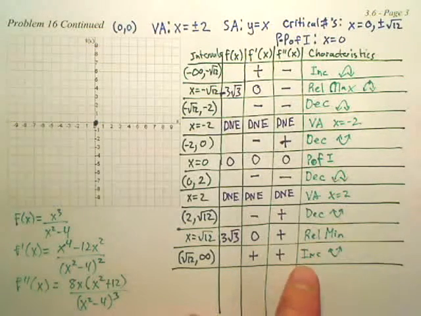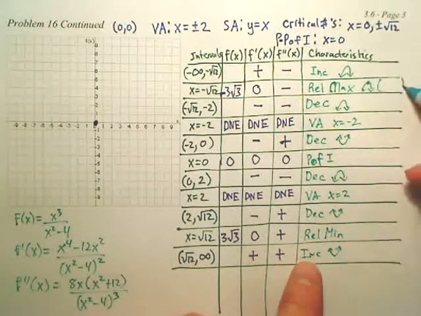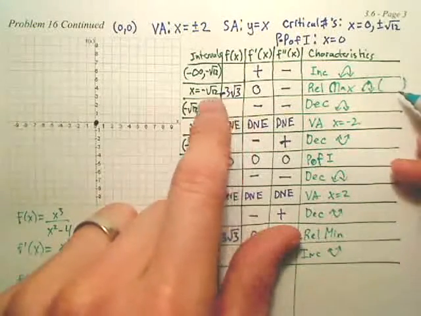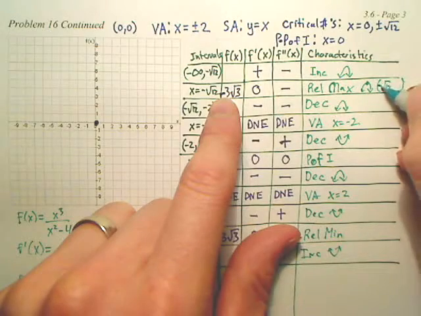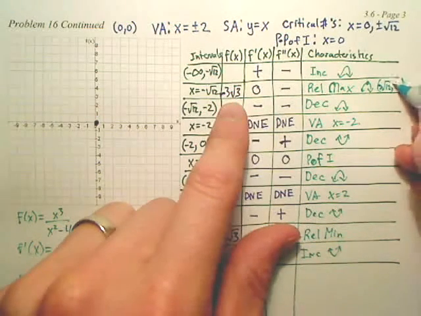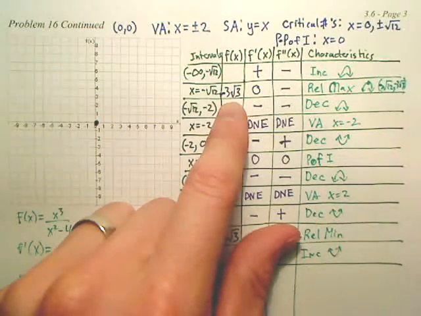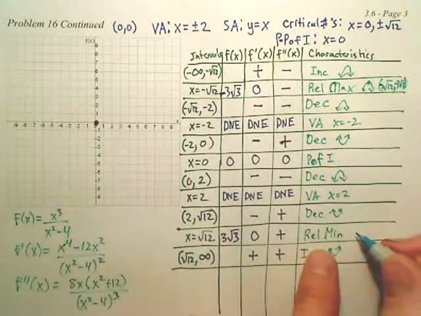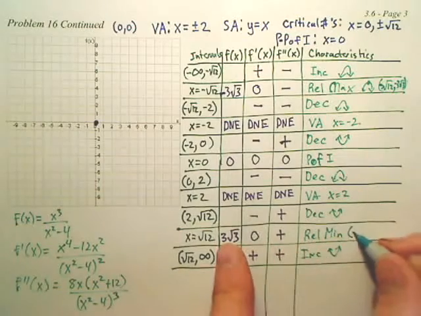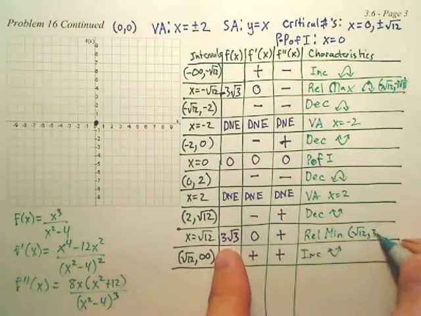Now, real quick, what's the coordinate for this right here? Negative square root 12, correct? Comma, negative 3 square root 3. That was really hard to see. And this one, isn't this one square root 12, comma 3 square root 3?